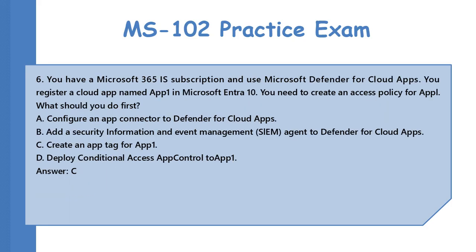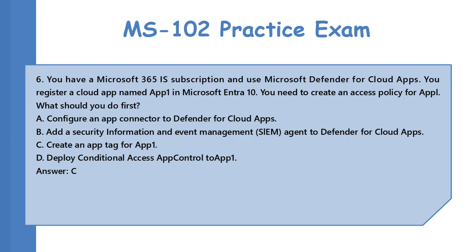6. You have a Microsoft 365 subscription and use Microsoft Defender for Cloud Apps. You register a cloud app named App 1 in Microsoft Entra ID. You need to create an access policy for App 1. What should you do first?